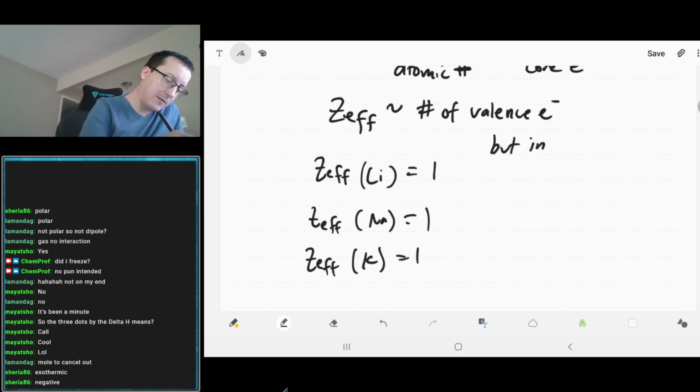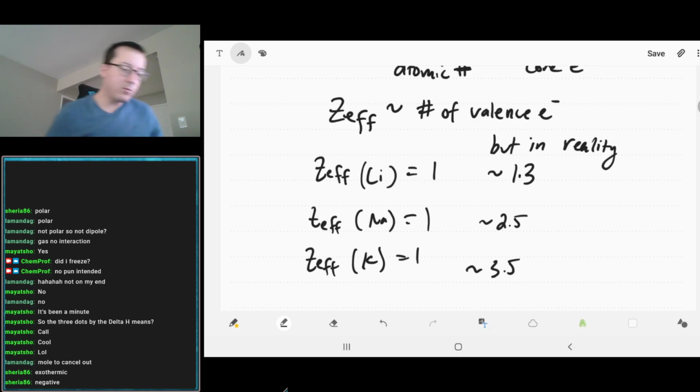But in reality, the effective nuclear charge actually is bigger towards potassium's end. Let's take a moment to think about why that is.